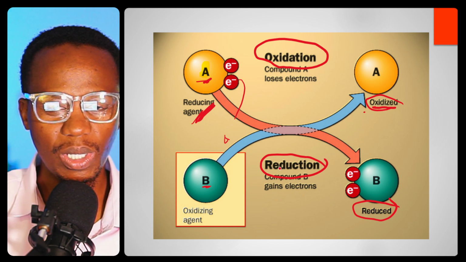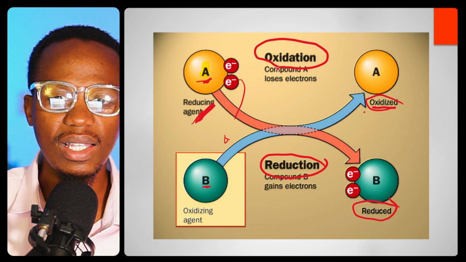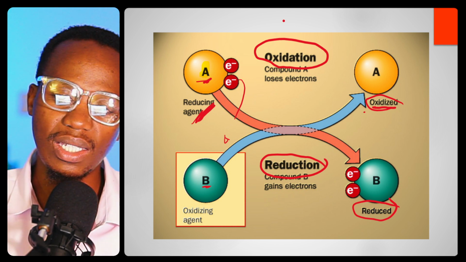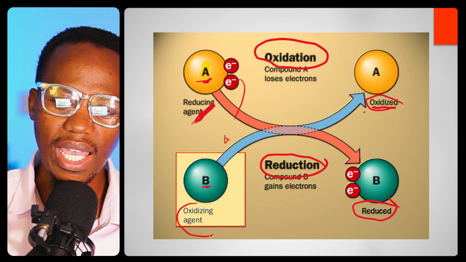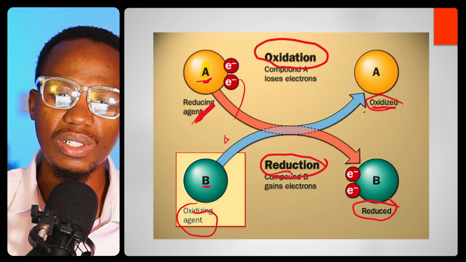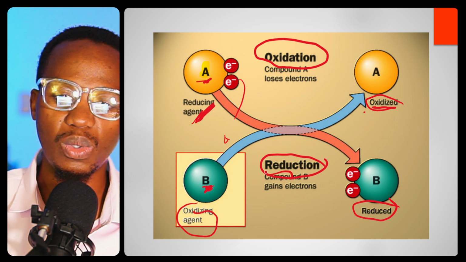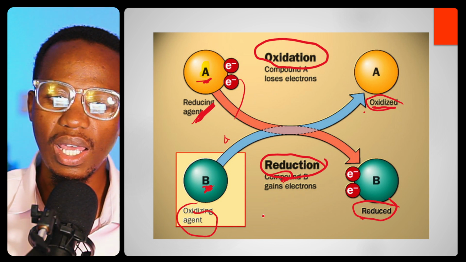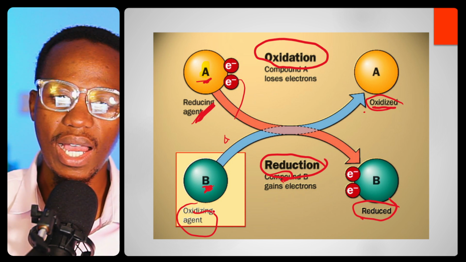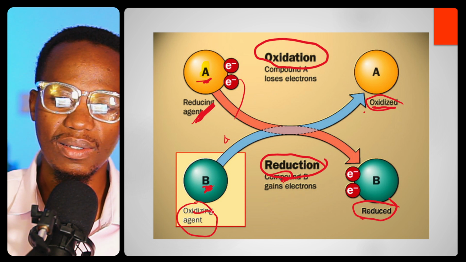So this is where people get confused, right? They think that the thing that undergoes oxidation is an oxidizing agent, but no. The oxidizing agent undergoes reduction, right? Meaning the thing that gains electrons and becomes reduced helps oxidize A. Does that make sense?